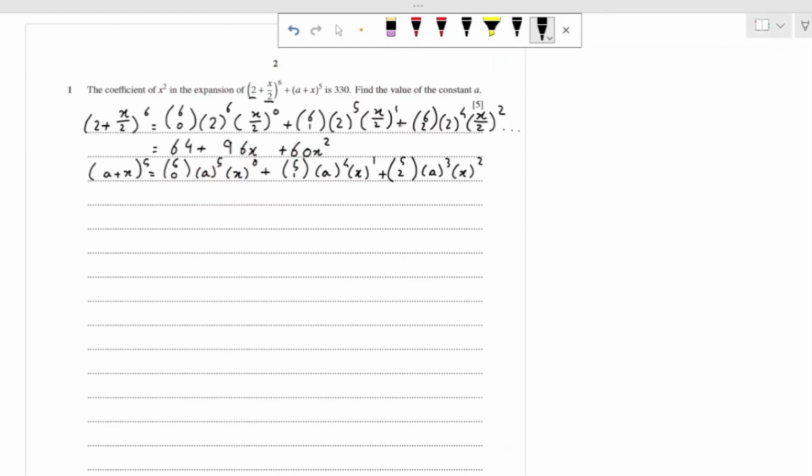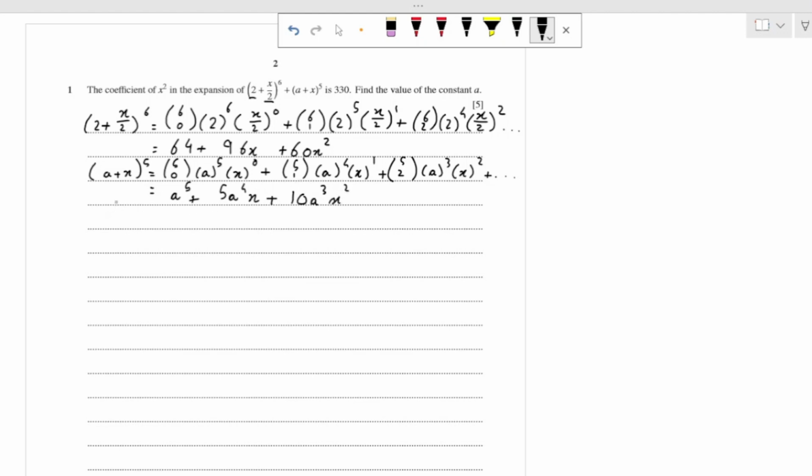Alright, till here it should be enough because we have reached x power 2. Then we simplify and we get a to the power 5 plus 5a^4 x plus 10a^3 x^2.